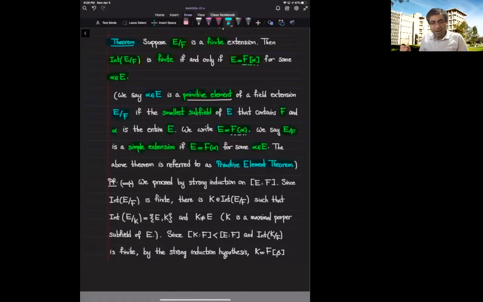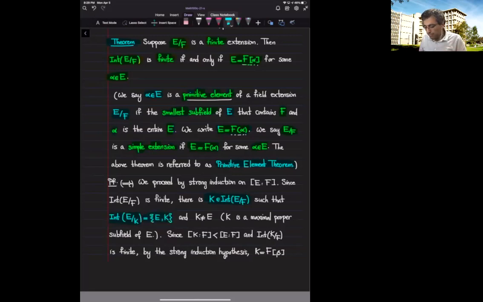That means I can find some intermediate subfield K, which is maximal among proper subfields, which means there is no other proper subfield that is above K and below E. So that means the set of intermediate subfields of the field extension E over K has only two elements, either E, the larger one, or the smaller one, K.